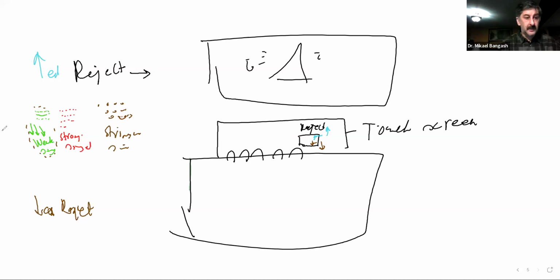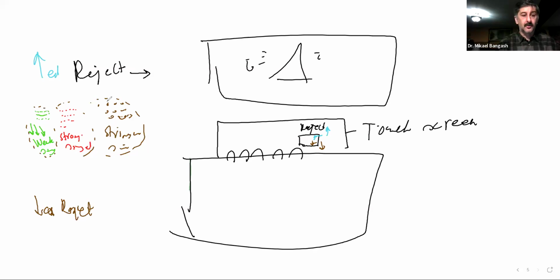Whereas as we keep on increasing the reject, more and more noise will be filtered out. We can say all these still fall under the category of noise. This is going to be very weak noise, this may be a little bit stronger, and this may be the strongest category of noise.